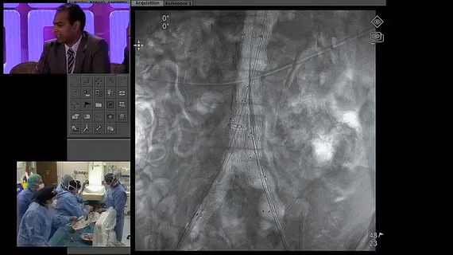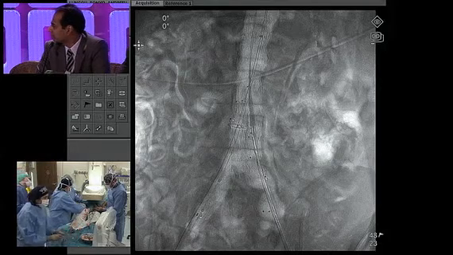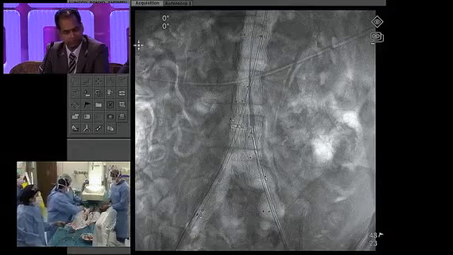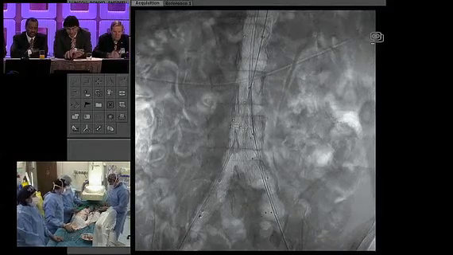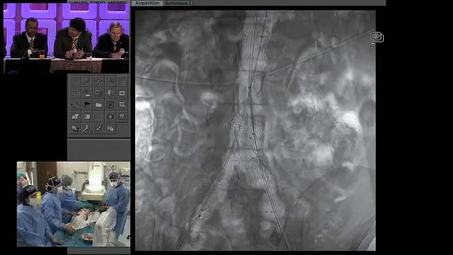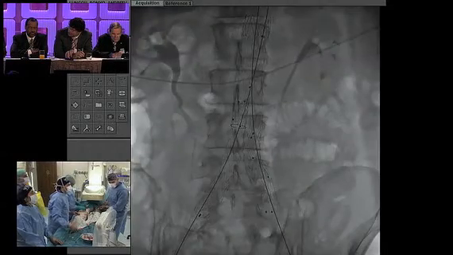My experience is only with the Cook one, which appears to work reasonably well. And would you agree that with the current stent graft in place in the common iliac, you sort of limited your options for an IBD graft in the future?